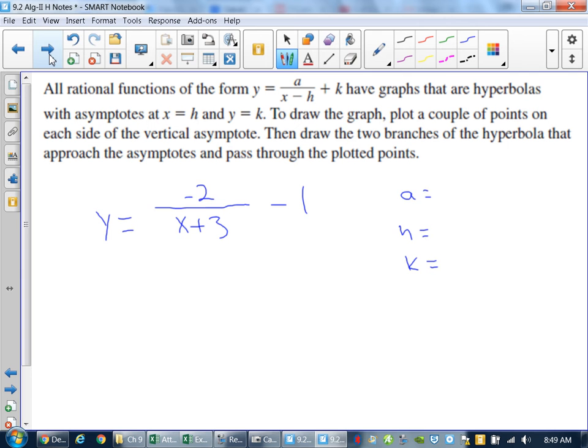Now, what I'd really like you guys to do is start labeling A, H, and K. Like I've said, we've done this before when we did quadratic stuff. When we graphed radical stuff, we labeled it out, and saw the shifting and how that worked. When we get to rationals, we label it out so we can see where our asymptotes are.